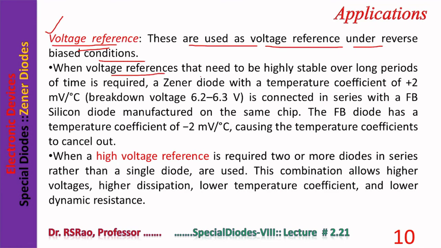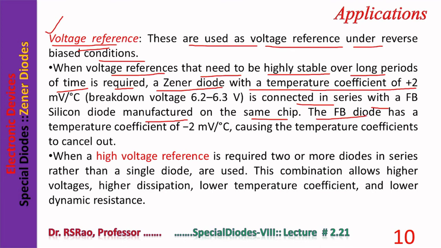When voltage references that need to be highly stable over long periods of time are required, a Zener diode with a temperature quotient of +2 millivolts per degree centigrade with a breakdown voltage of 6.2 to 6.3 volts is connected in series with a forward biased silicon diode manufactured on the same chip.